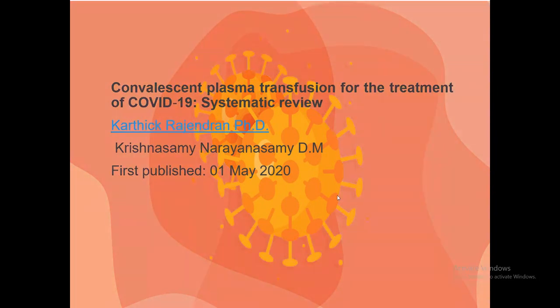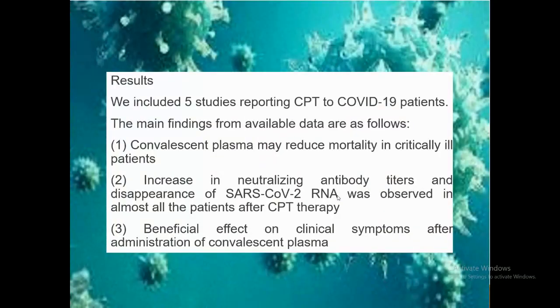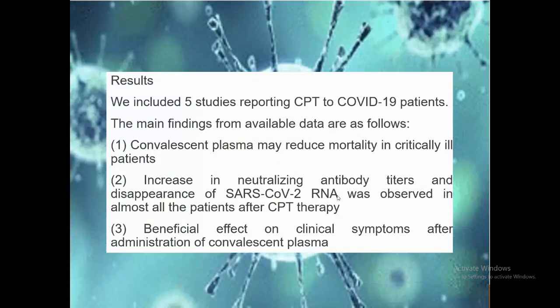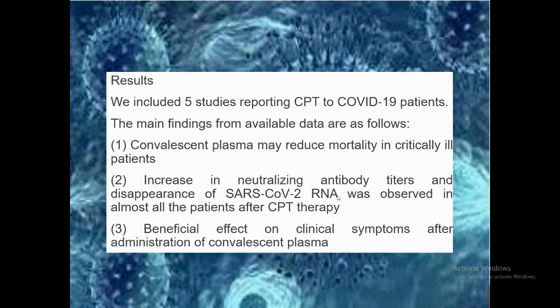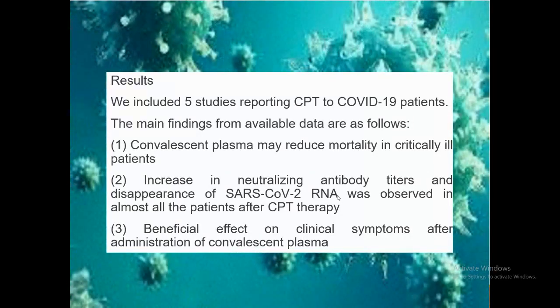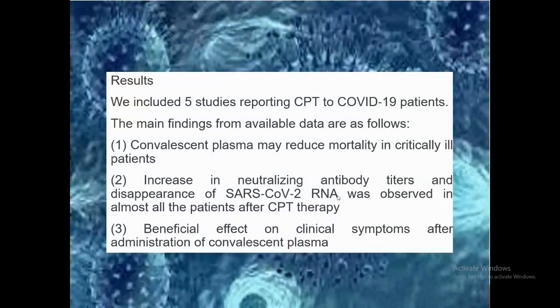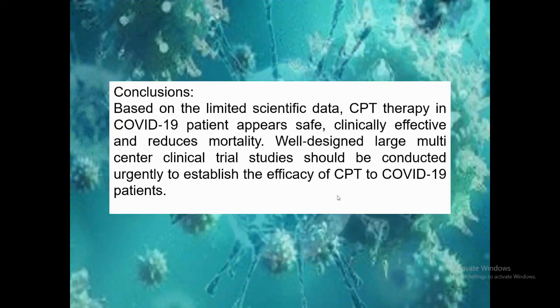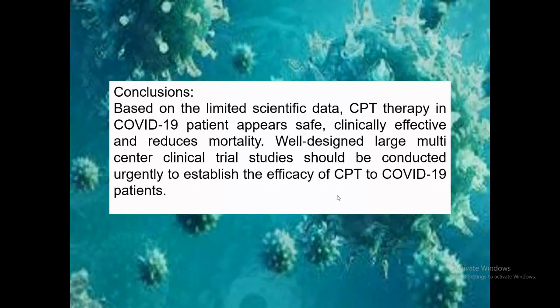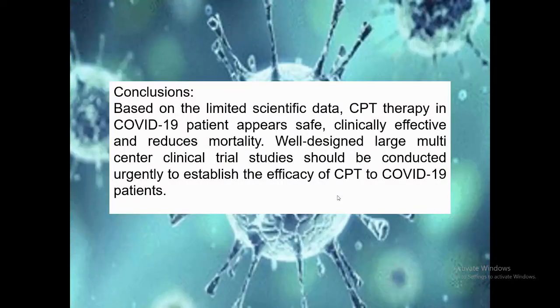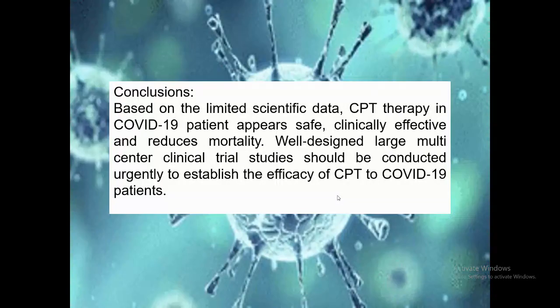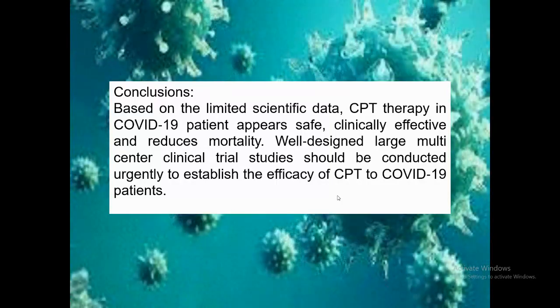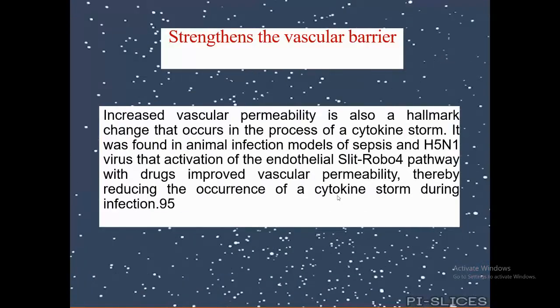There is also a systematic review of convalescent plasma transfusion to COVID-19 patients covering five studies, which shows that convalescent plasma may decrease mortality, increase neutralization of antibody, and have a beneficial effect on clinical symptoms. Convalescent plasma is a cheap and good method to treat COVID-19 patients, but well-designed large multi-center clinical trials should be conducted urgently to establish the efficacy.